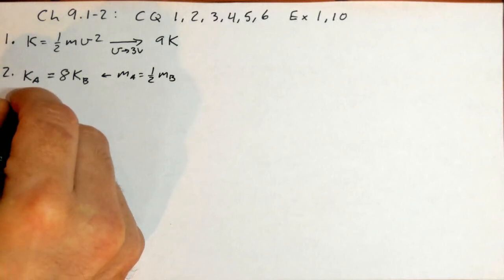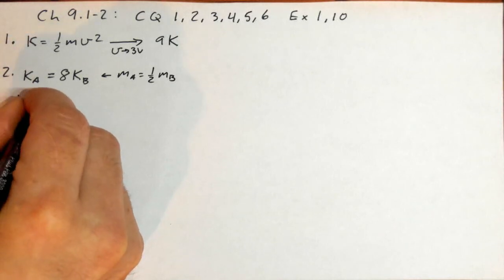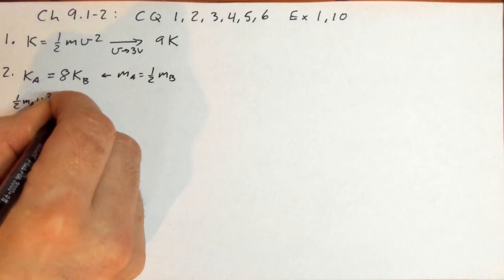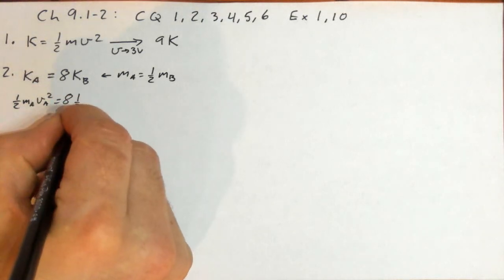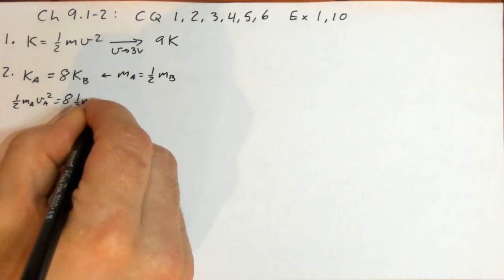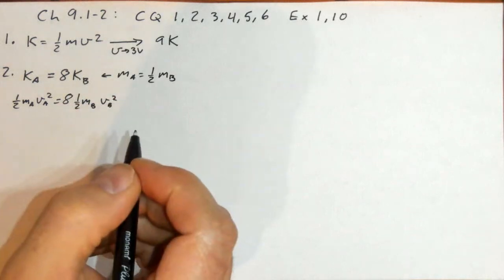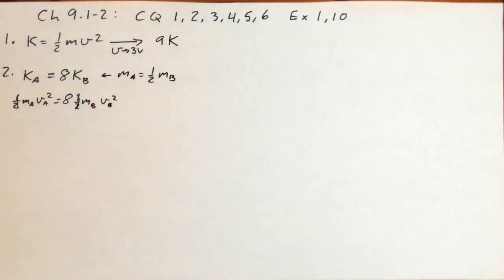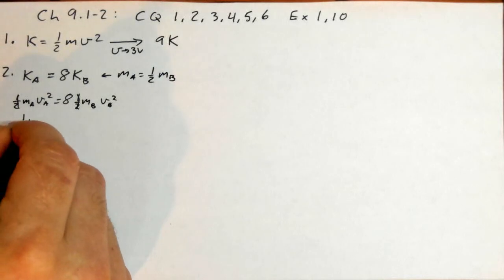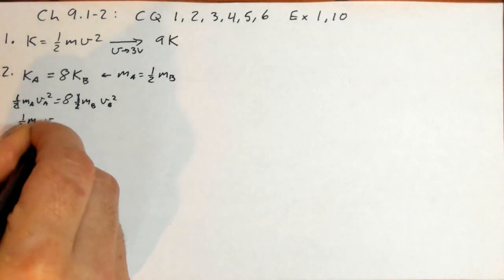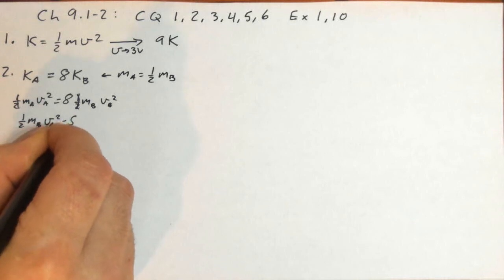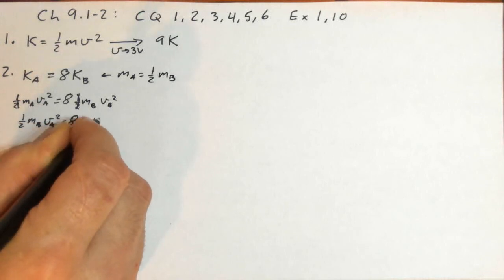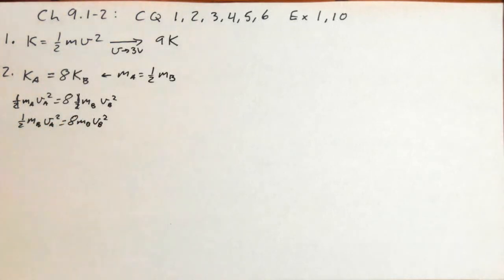So let's expand this out. 1/2 m_A v_A squared equals 8 times 1/2 m_B v_B squared. Okay, the halves cancel. I don't care about those. Let's insert this mass. 1/2 m_B v_A squared equals 8 times m_B v_B squared.